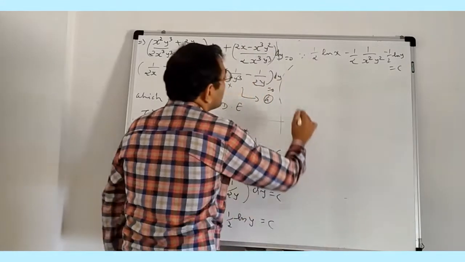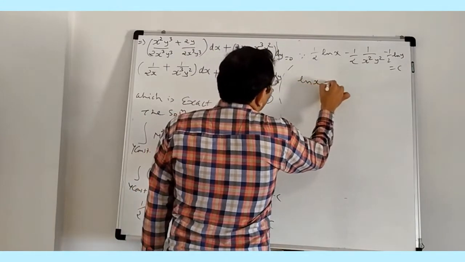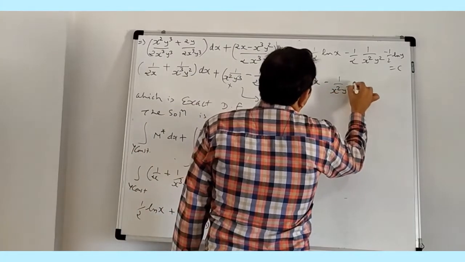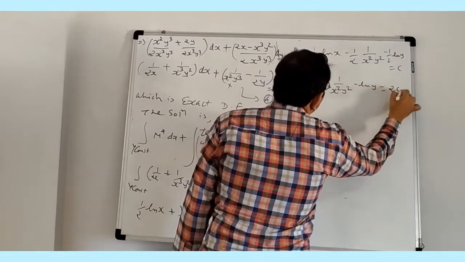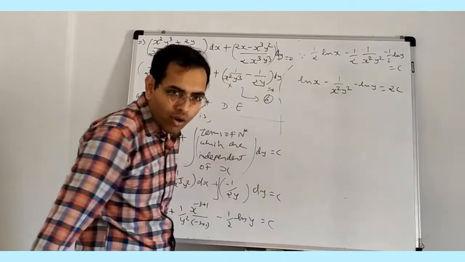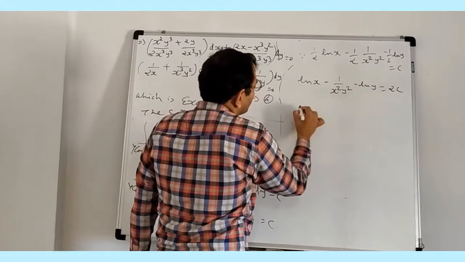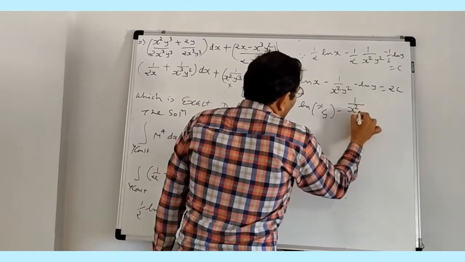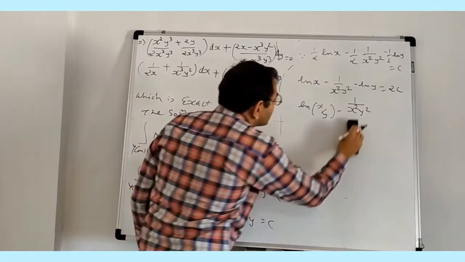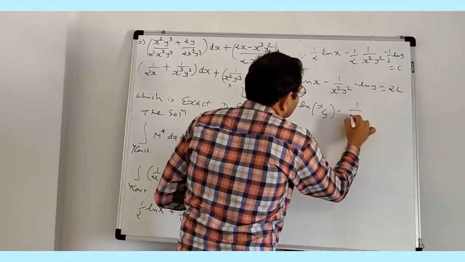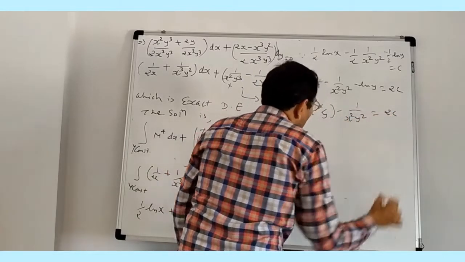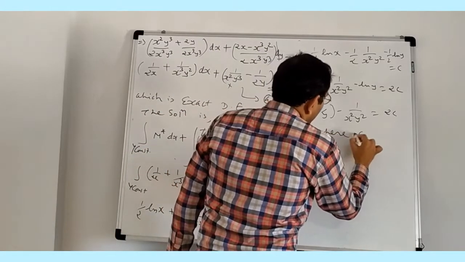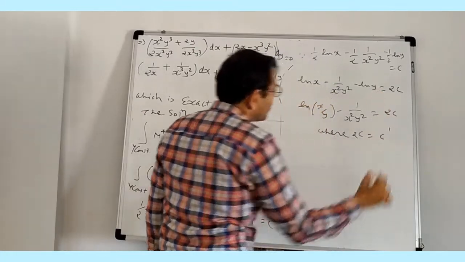Then taking the LCM, ln x minus 1 upon x square y square minus ln y equal to 2c. Then according to the properties of logarithm, the first and third terms give ln x by y, minus 1 upon x square y square equal to 2c, where 2c equal to c dash.